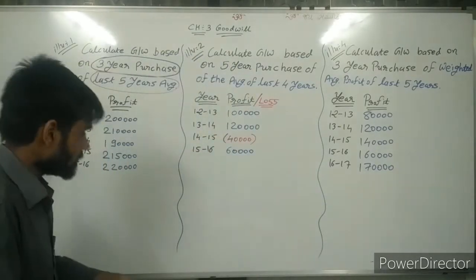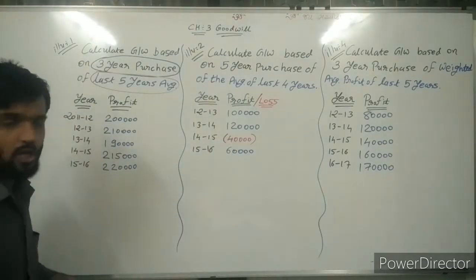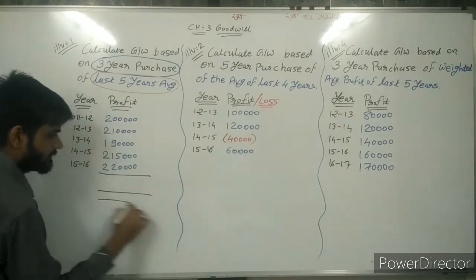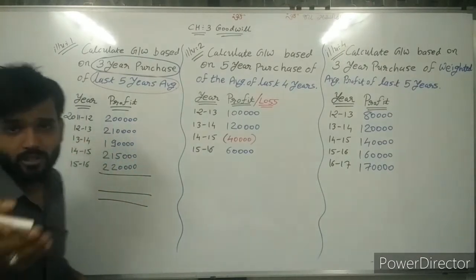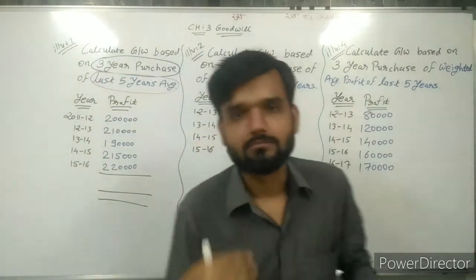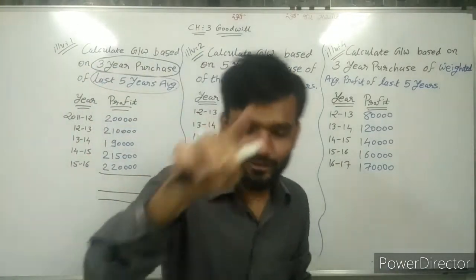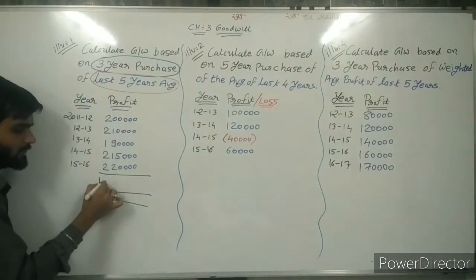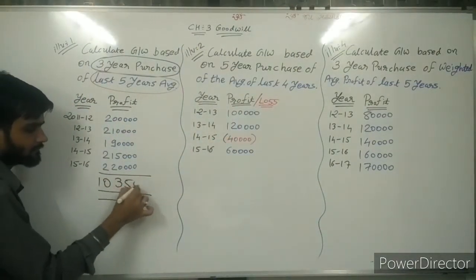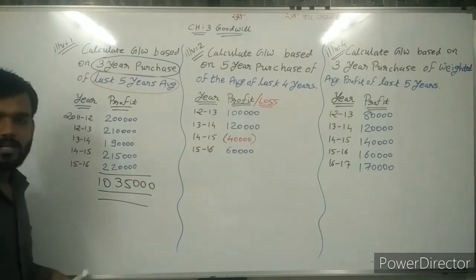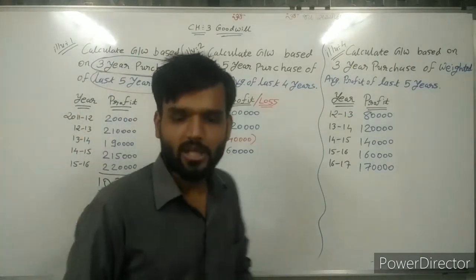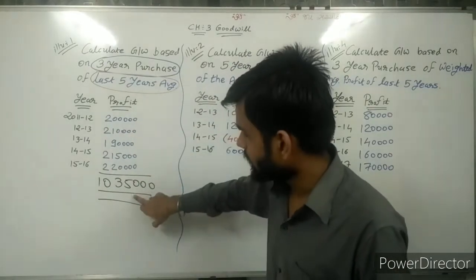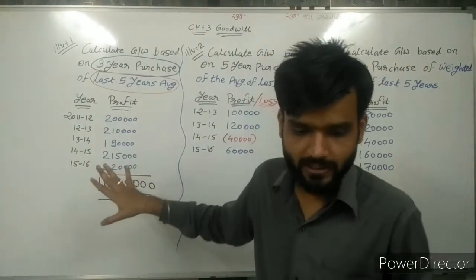So if you make the total of these 5 profits, then in the calculator please make the total and tell me. I don't have a calculator. You calculate and tell me. Your calculator answer must be 10,35,000 rupees. If you make the total of these 5, then total profit 10,35,000 rupees is the answer.